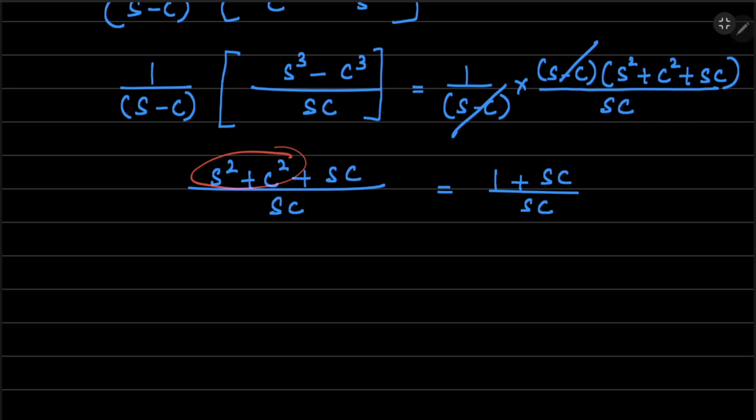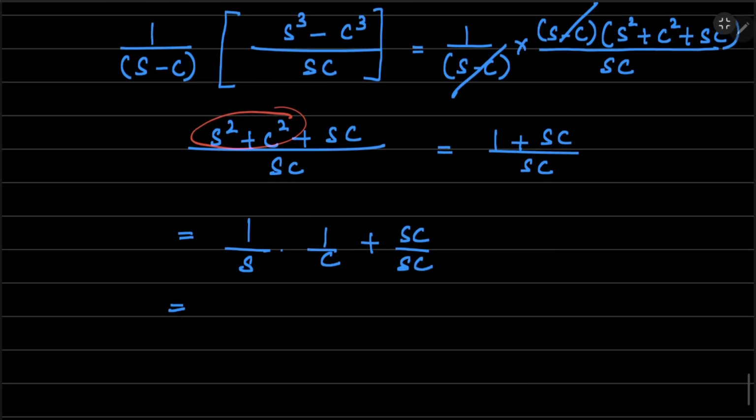Just split it up. So what do you get? This is equal to 1 over sine multiplied by 1 over cos plus sine cos by sine cos, right? So this is how you should know what exactly you want. So what is 1 over sine? Cosecant theta multiplied by secant of theta plus 1. So this is equal to your RHS.